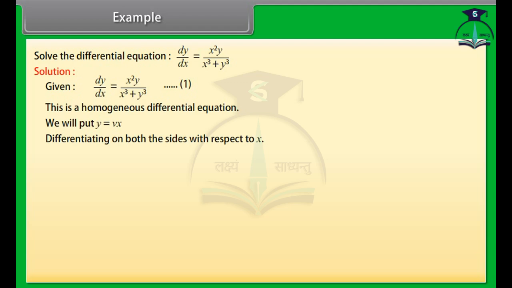Differentiating on both sides with respect to x, dy/dx = x dv/dx + v.